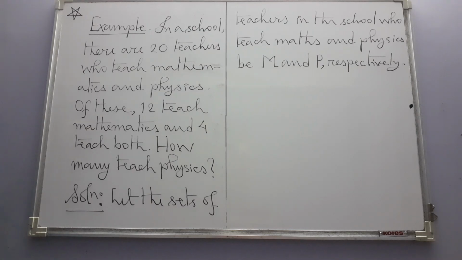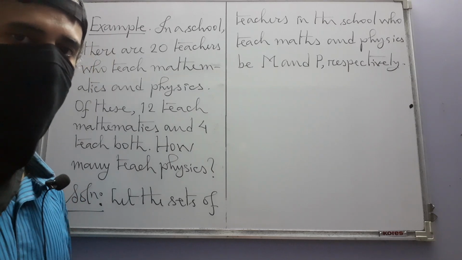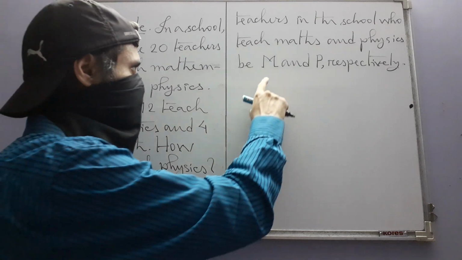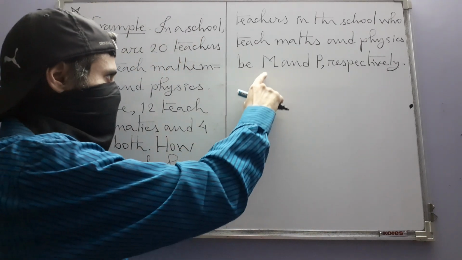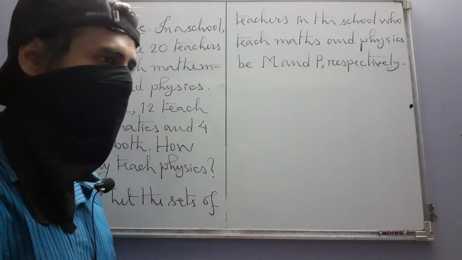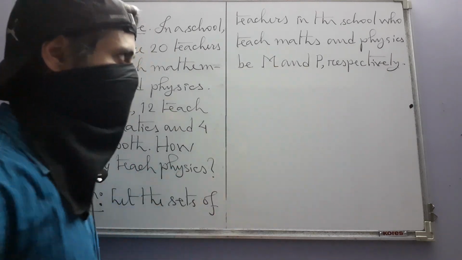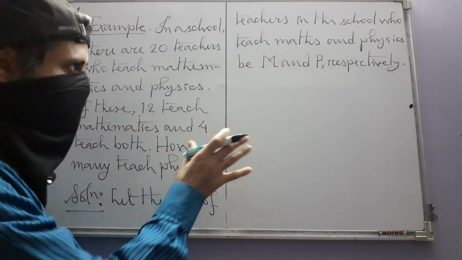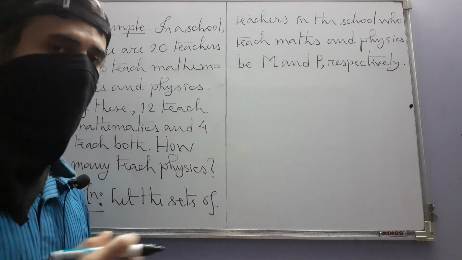That means out of these 20 teachers, those who teach mathematics form the set M, and those who teach physics form the set P. You may notice that I have not written A and B or X and Y, and I have simply chosen to write M and P, taking the first letters of mathematics and physics. That way, we can easily remember which symbol represents what set. You can always do this and you will never forget, and as a result, you will never make mistakes also.